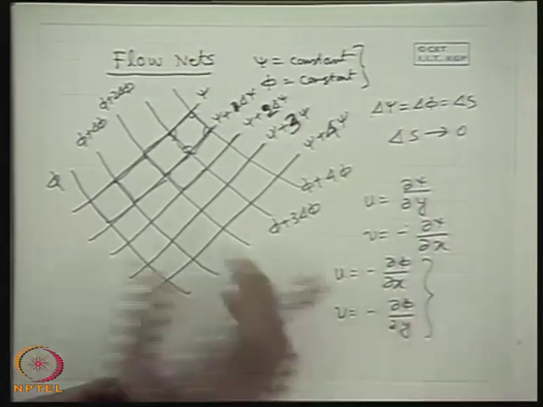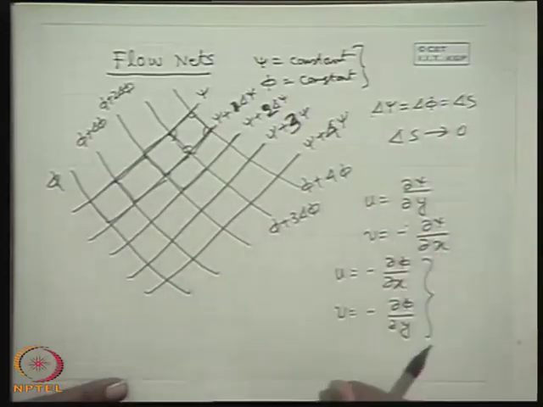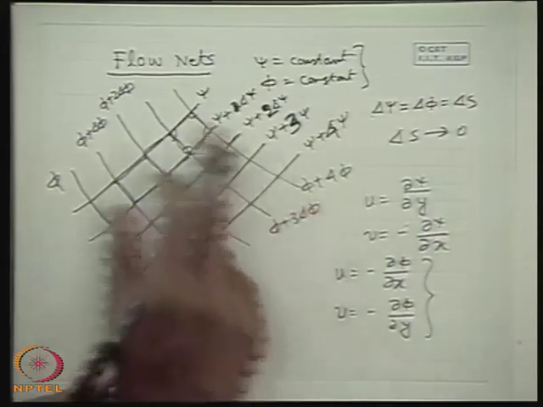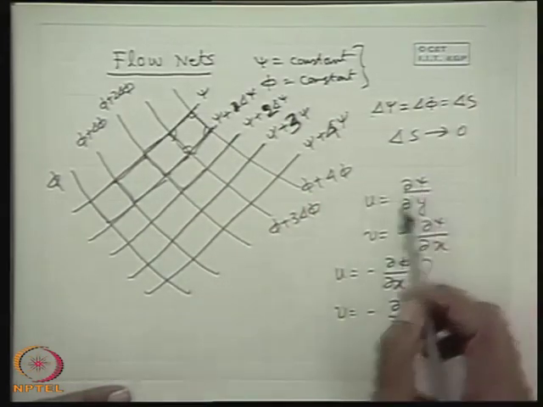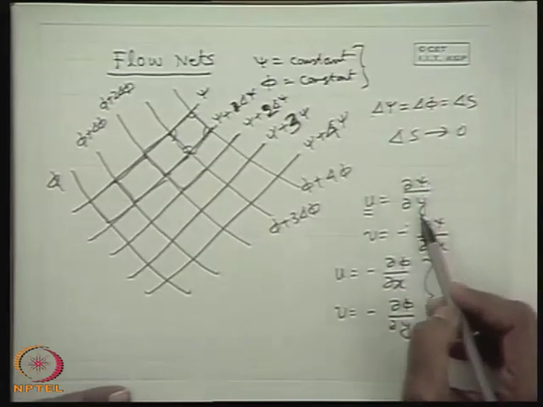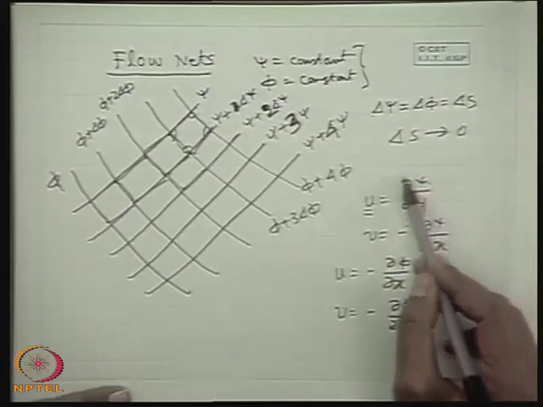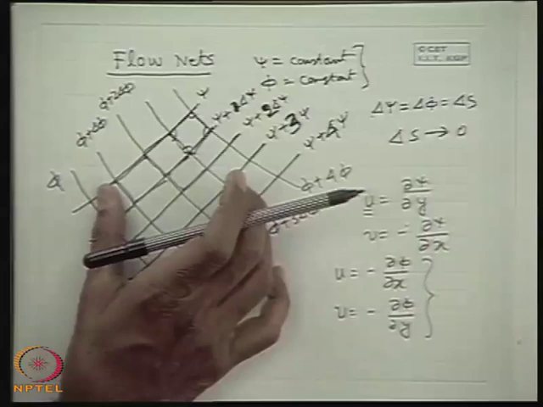So you see the closeness of the psi lines and also phi lines represents fluid at higher velocity, a flow field where velocities are high. So for example here these psi lines will be very close. That means if u is high, for a given delta psi, delta y will be less, or for a given delta y, delta psi will be high.